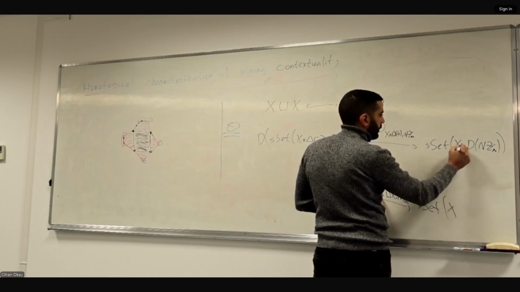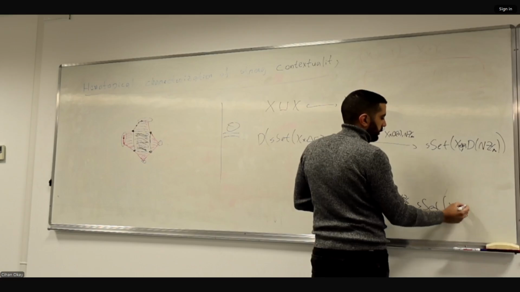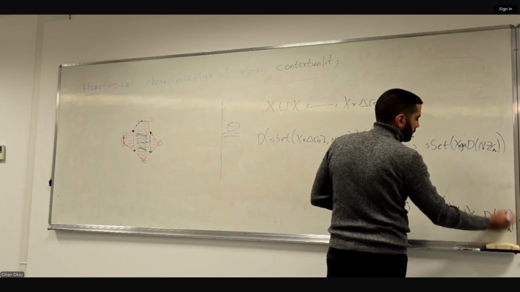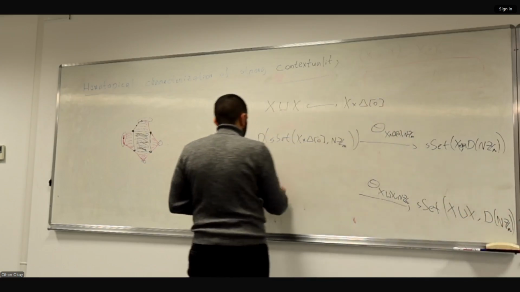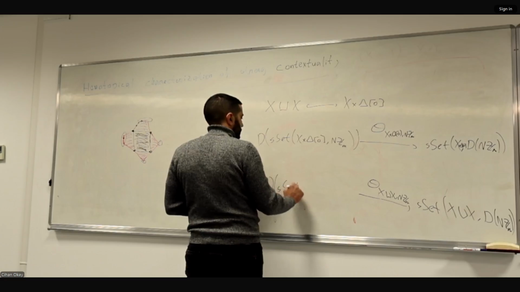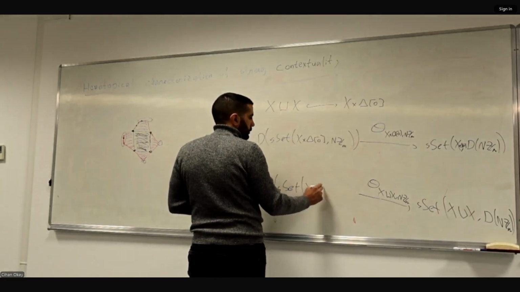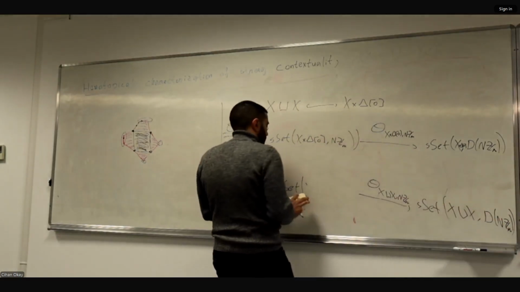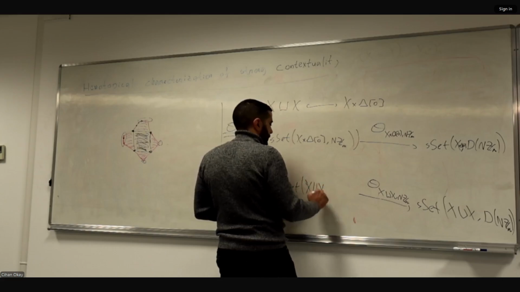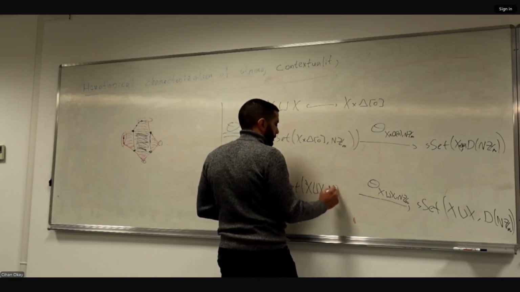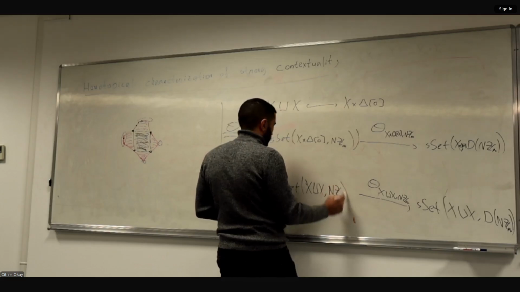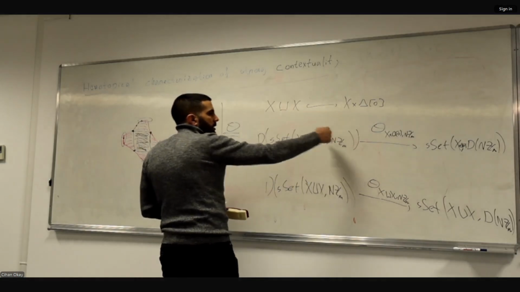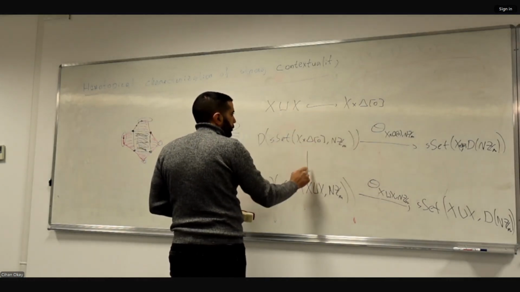Something is wrong here. Yes, I forgot this here. Sorry, X as X. Now it's right. We have that this map used to map from here to here, right?